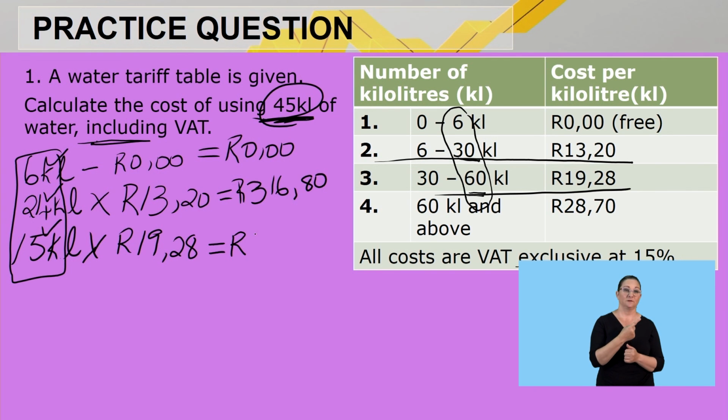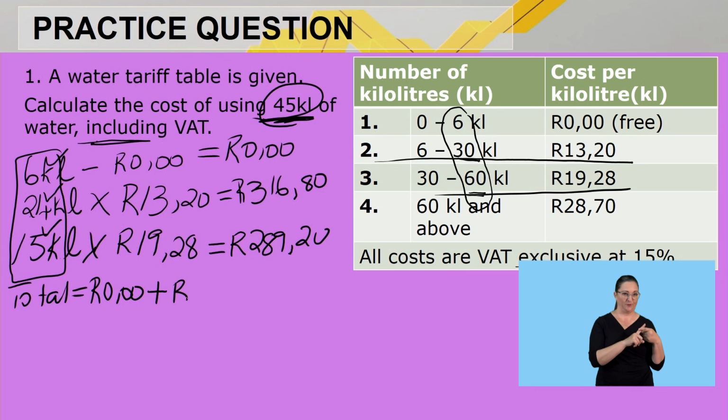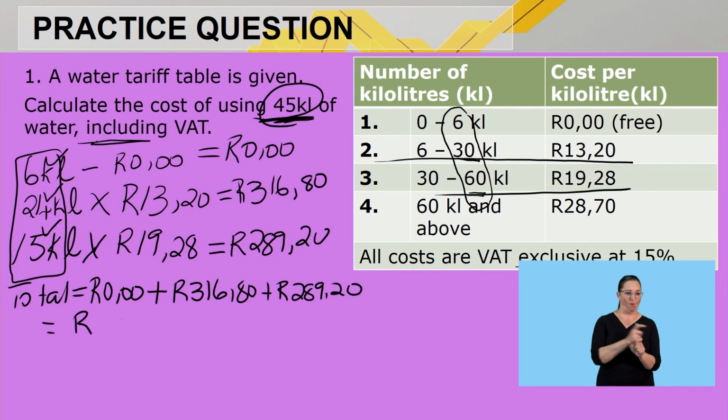That will give us a total amount of 289 rand 20 cents. Then our next step would be to work out the total. So we have the first block plus the second block, which is 316 rand 80, plus the third block, which was 289 rand 20. Right, so now adding all those values, it will give us a total amount of 606 rand.